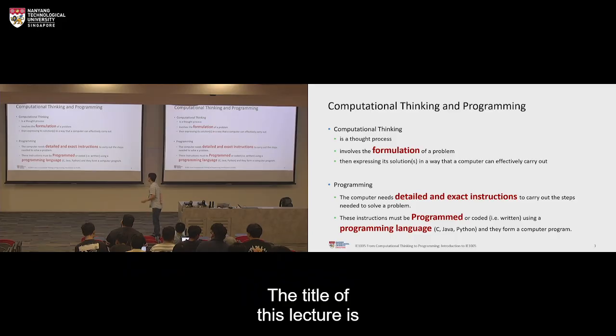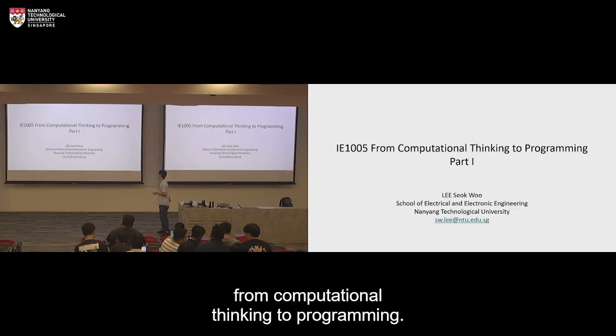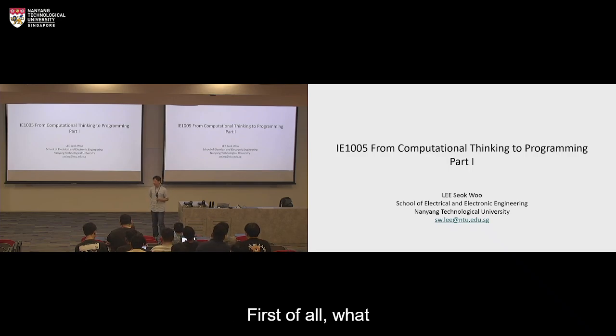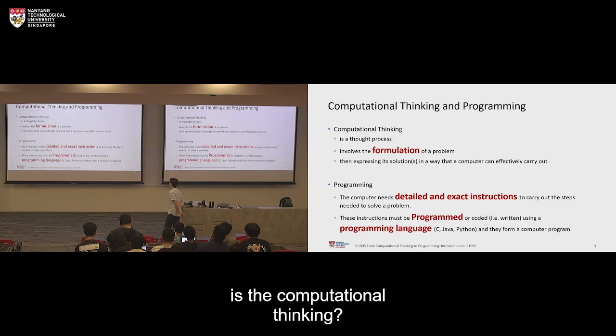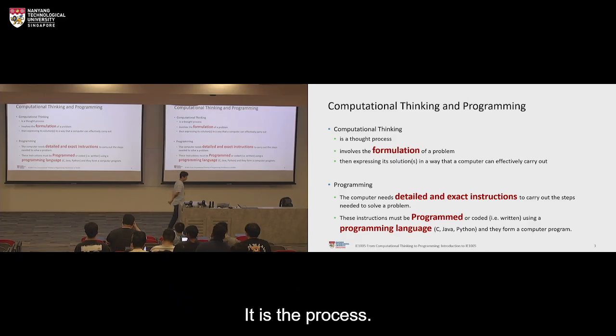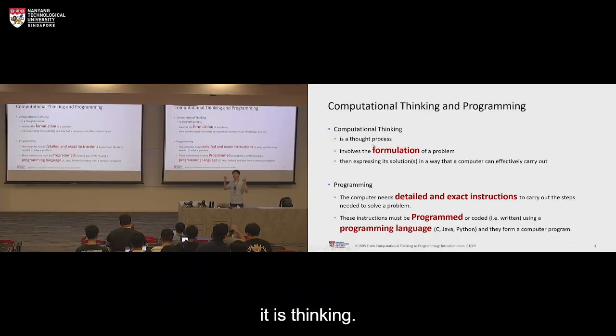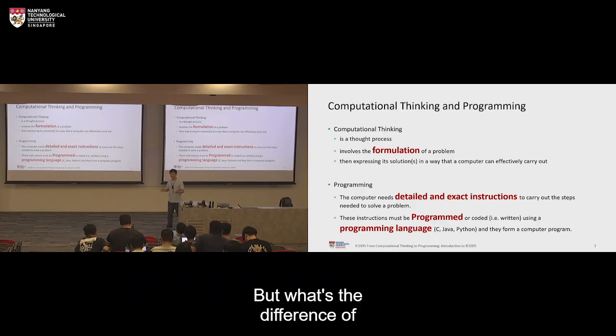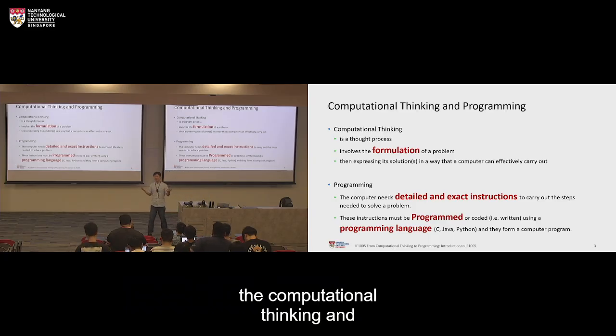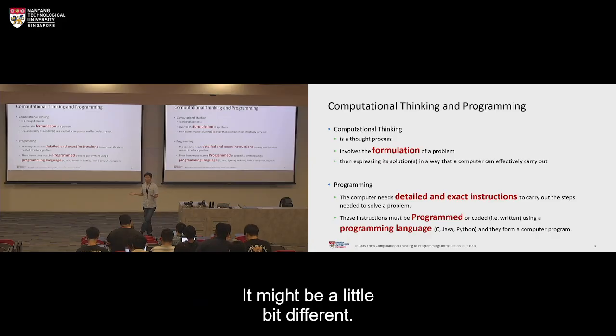Okay, so the title of this lecture is From Computational Thinking to Programming. First of all, what is computational thinking? It is the thoughtful process. Yes, it's quite obvious because it is a kind of thinking, but what's the difference between computational thinking and human thinking?